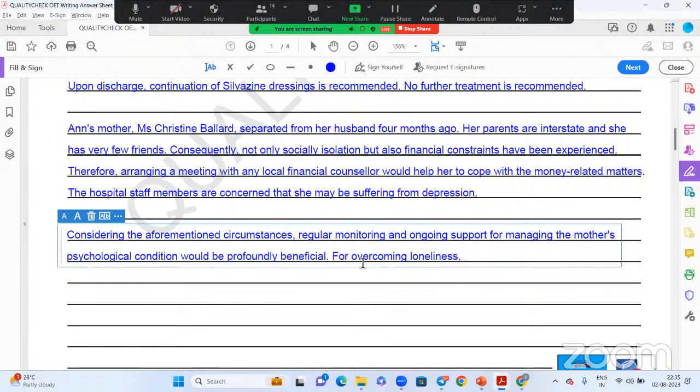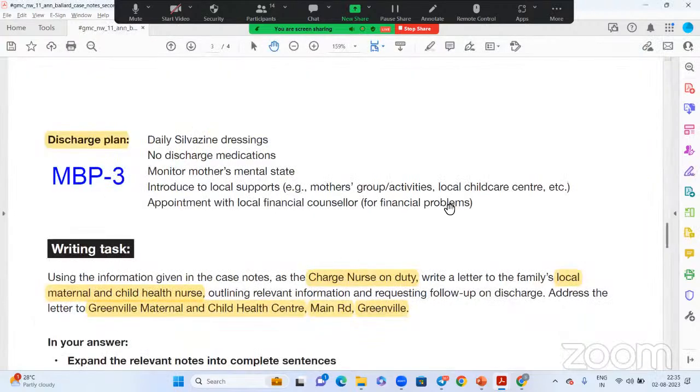connecting her or admitting her or joining her or participation in social community group activities, participation in community group activities.